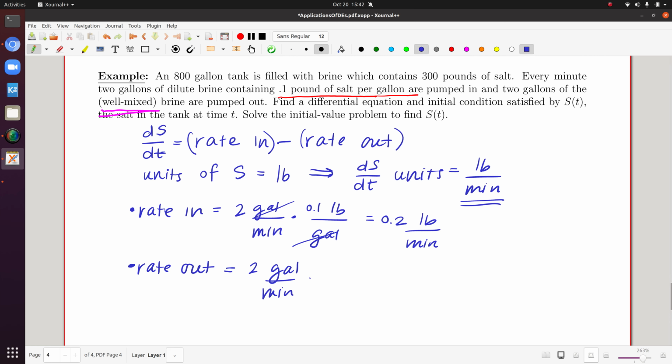So when I think about pounds per gallon, there are 800 gallons, and how much salt there is in there right now, that's exactly what S of t is going to represent. So multiplying, again, we see the gallons cancel, so my units are appropriately pounds per minute. If I multiply 2 times S over 800, I could write that as S over 400. So well mixed just means we take the total amount of salt currently in there and then divide it by the total number of gallons in the tank. That's constant, the 800 there.